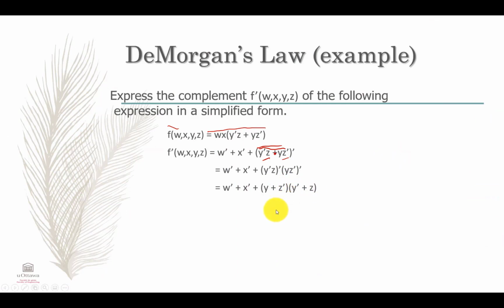Then after that I can simply multiply both of them, and when I multiply both of them with each other, this will give me 0, this will give me 0, and this will give me what? So this will give me y plus x prime plus yz plus y prime z prime.